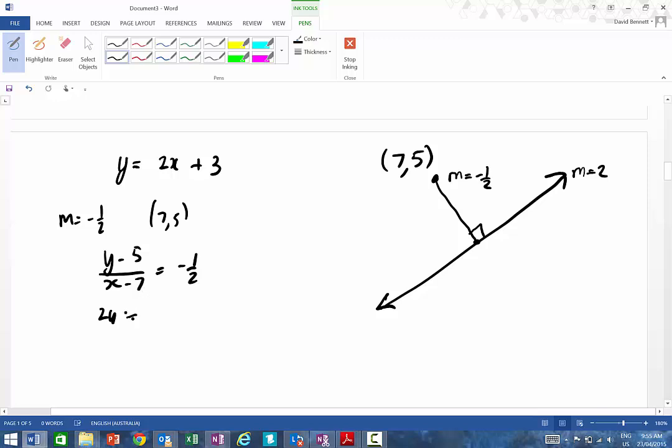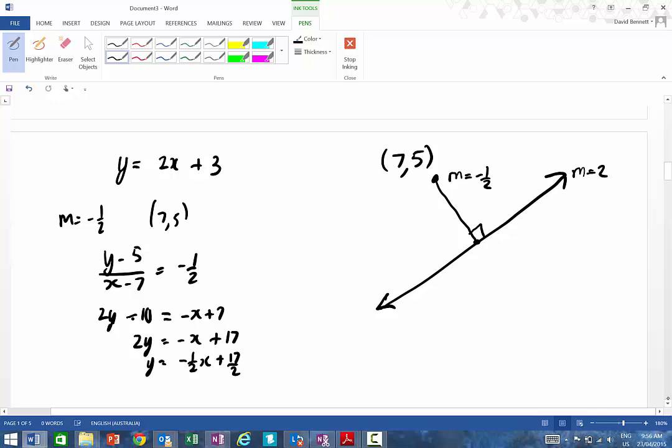So it's going to be 2y take 10, and that's going to be equal to negative x plus 7. Alright, so then it's going to be 2y equals negative x plus 17. And so therefore y is equal to negative half x plus 17 on 2.